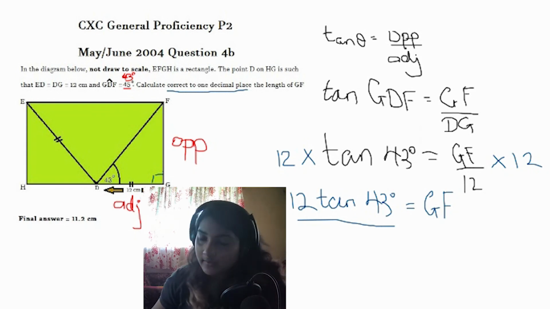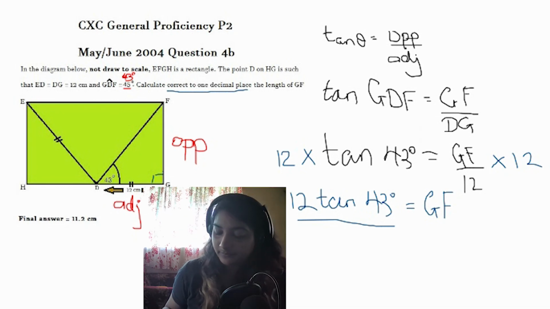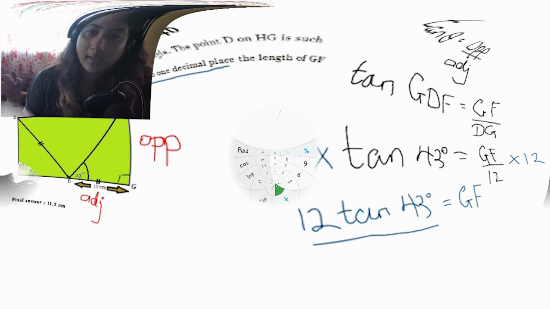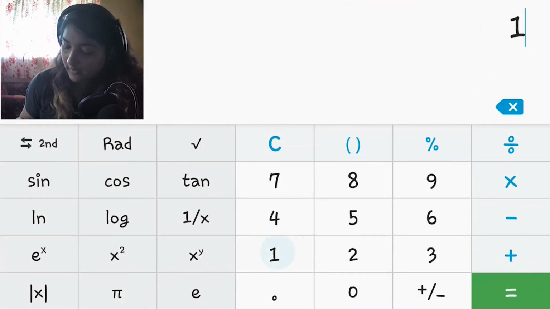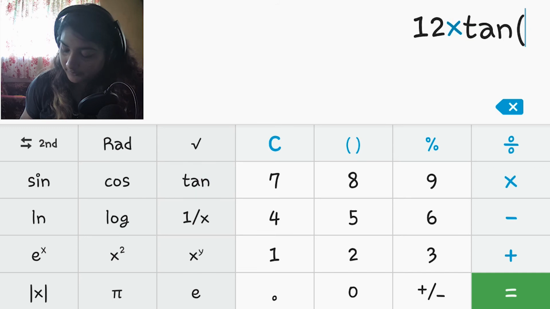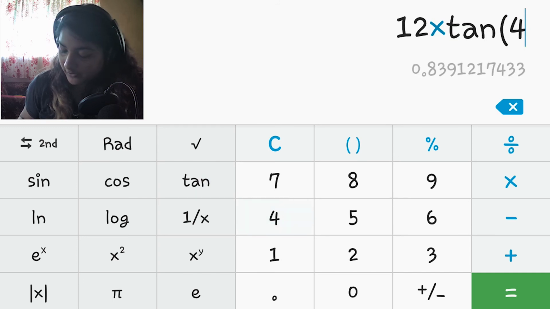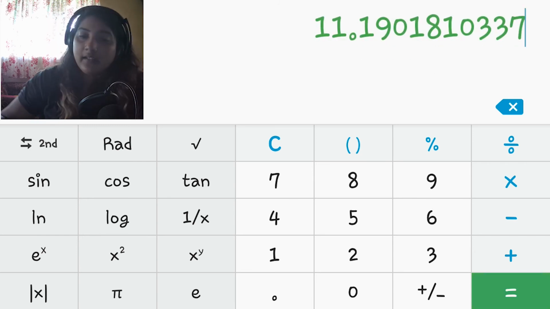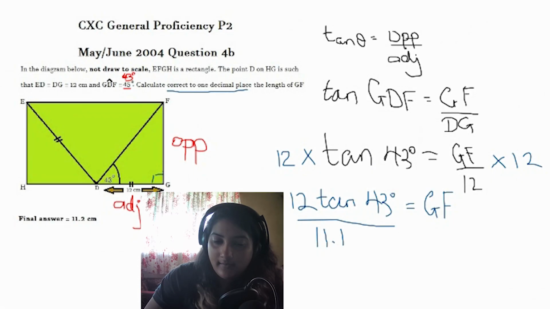Alright, so let's go to our calculators. On my calculator, I'm going to type in 12 multiplied by my trig ratio tan. I'm going to enter the magnitude of my angle. That's equal. Alright, so did you get 11.19?